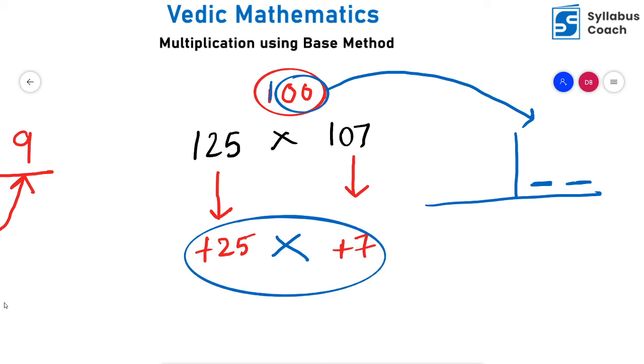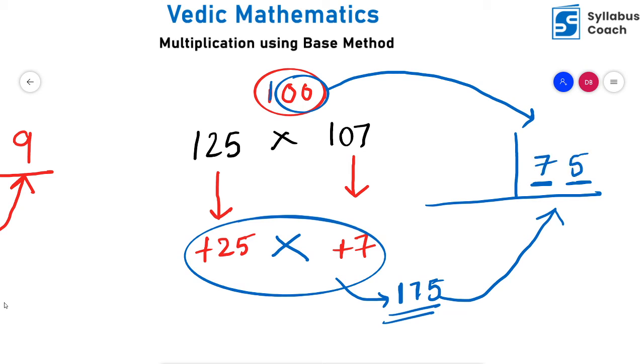So what is 25 into 7, students? 25 into 7 is nothing but 175. But we can accommodate only 2 digits because that's the format. So write 75 here, but you have one carry that should be carried to this particular number. Let's do that. Now, what is 125 plus 7 or 107 plus 25, students?